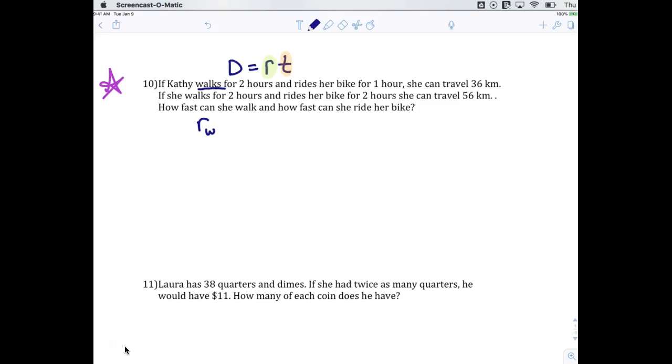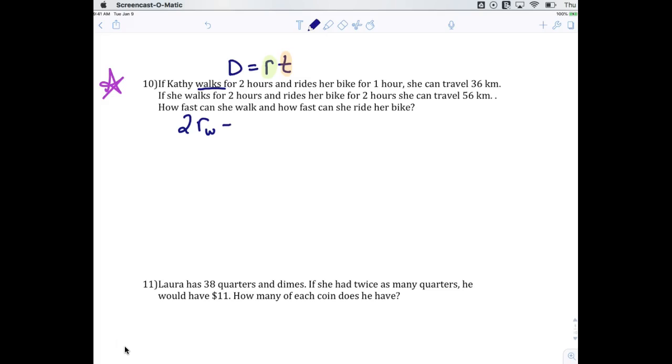We don't know. That's what you're supposed to say. But now that we're a little more advanced, we can say she walked 2 R sub W. Do we understand that? Her rate times her time gives me the distance.